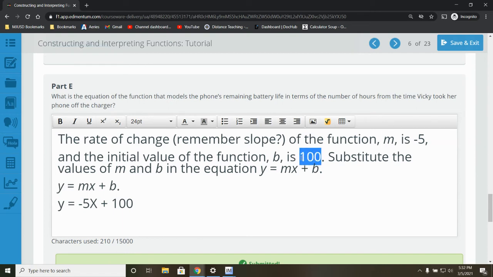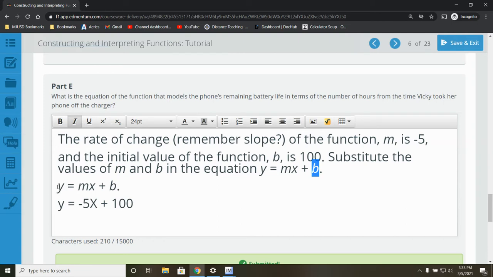So 100 is the point where the y-intercept is. So for example, on the graph, all the way up at 100 is where the line would start, crossing the y-axis at 100. That is why we cannot use B for battery life. It screws this up. The y here is the battery life remaining after minus 5% per hour plus the original 100.